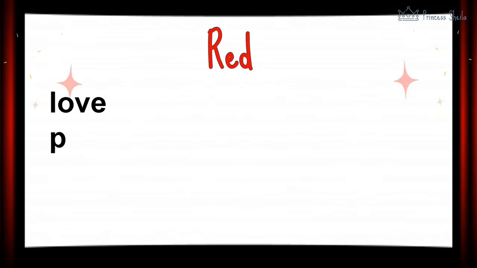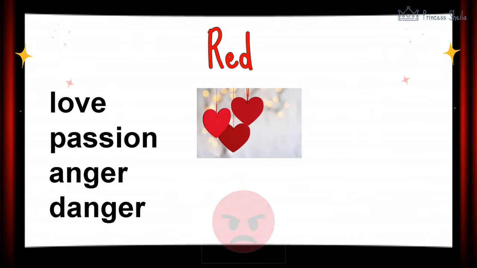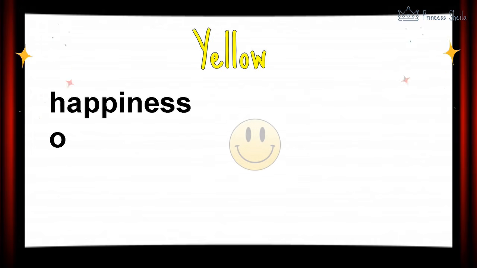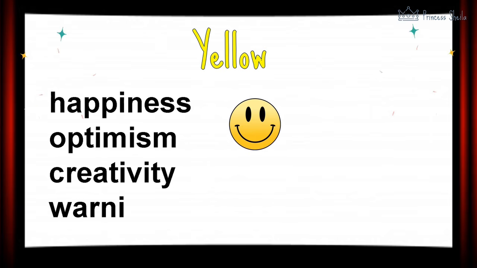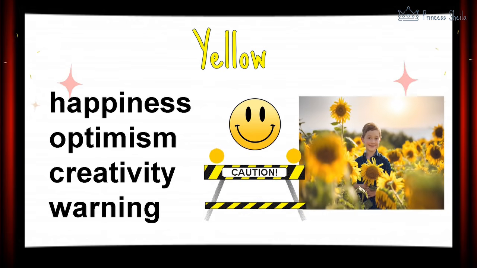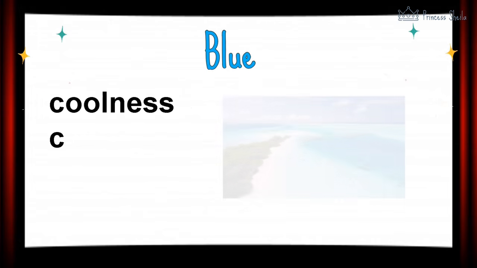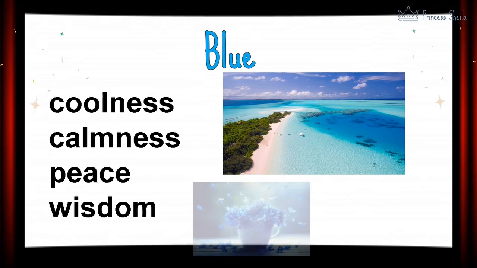Red represents love, passion, anger, and danger. Yellow represents happiness, optimism, creativity, and warning. Blue represents coolness, calmness, peace, and wisdom.